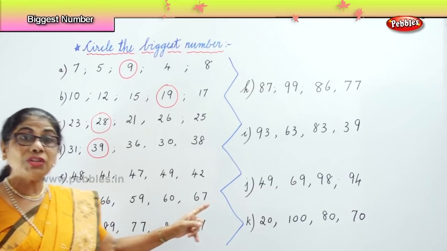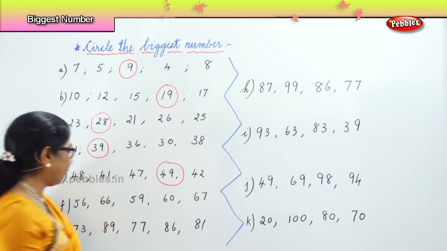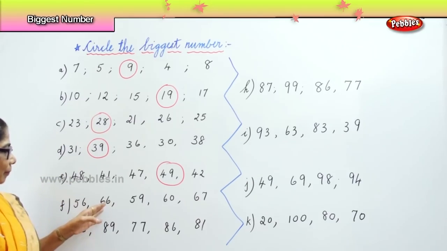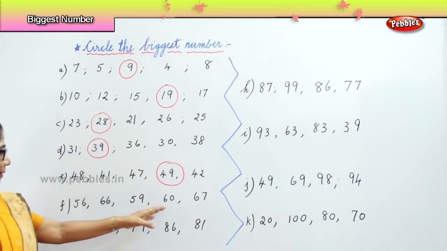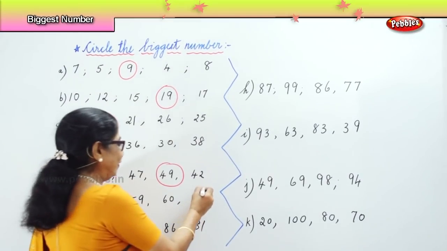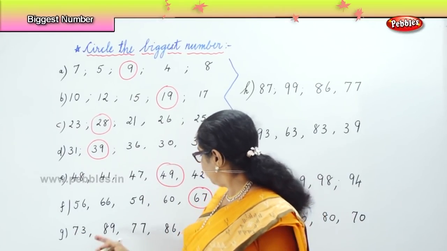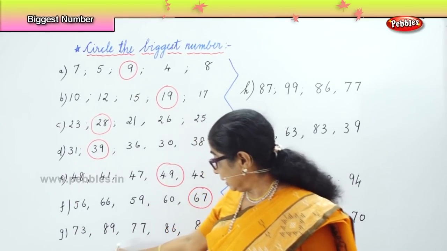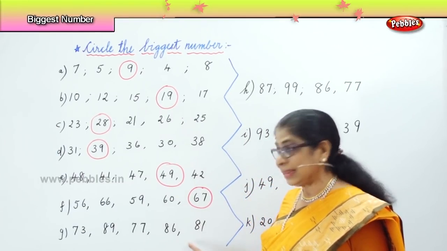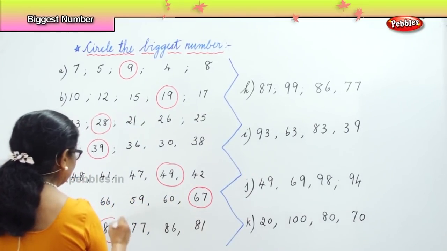Which is the biggest of the lot? 49. Very good. Next, 56, 66, 59, 60, 67. Which is the biggest? 67. Very good. And finally, another one here: G, 73, 89, 77, 86, 81. Which is the biggest one? 89. Very good.